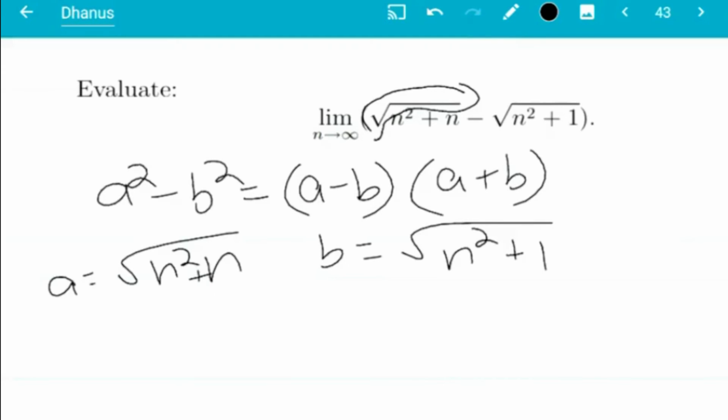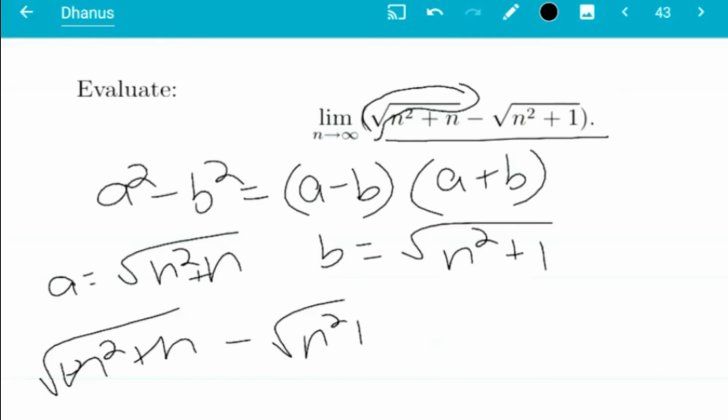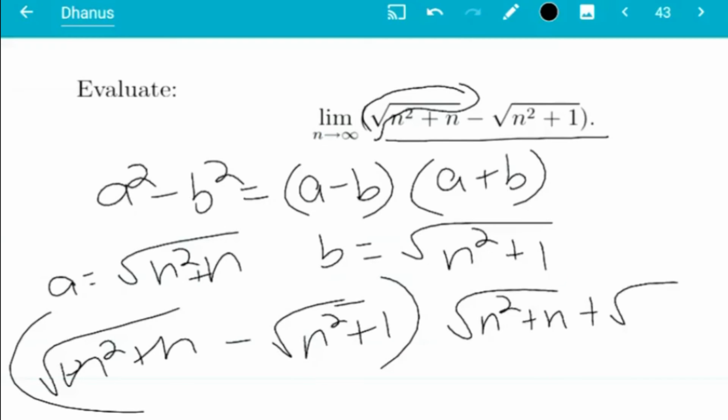Then we multiply this sequence with its conjugate. Then we get root of n square plus n minus root of n square plus 1, into root of n square plus n plus root of n square plus 1, divided by root of n square plus n plus root of n square plus 1.